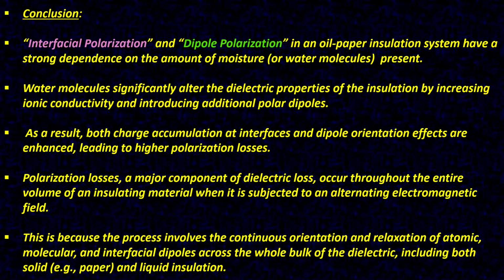Conclusion. The interfacial polarization and dipole polarization in an oil paper insulation system have a strong dependence on the amount of moisture or water molecules present. Water molecules significantly alter the dielectric properties of the insulation by increasing ionic conductivity and introducing additional polar dipoles.